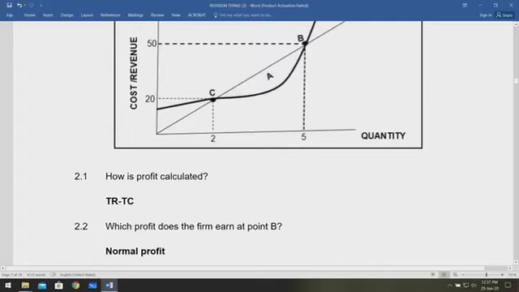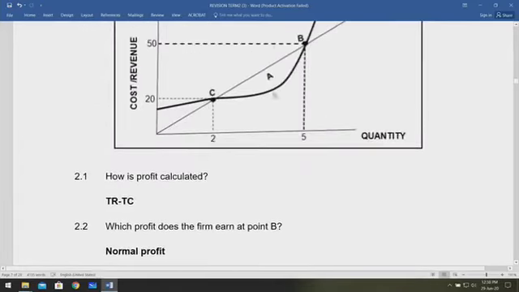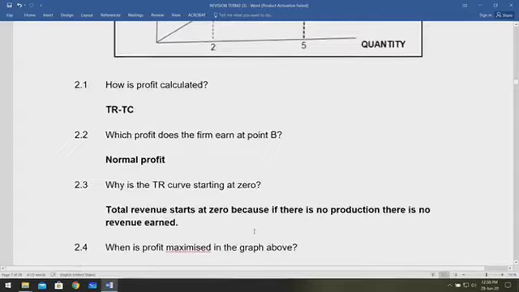You've got to be very explicit in your answer. Profit is maximized when the gap between TR and TC is the greatest. Okay, so what we are saying, where area A is at its biggest, right? We see at that point it is much further away from the revenue curve.